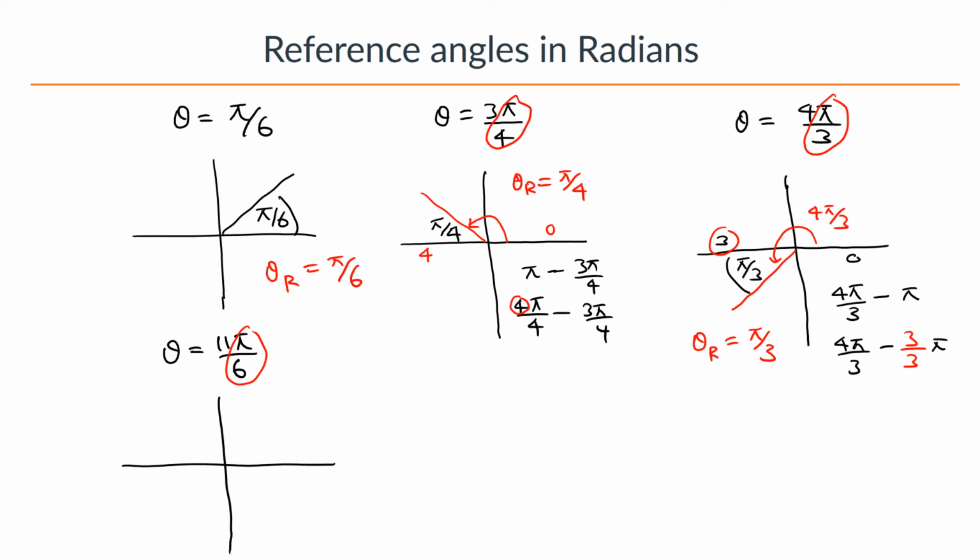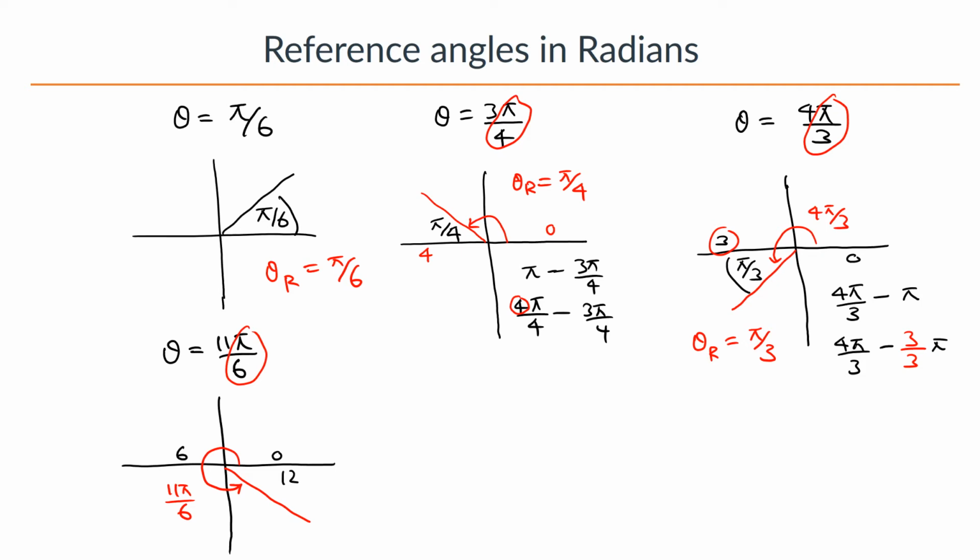The denominator gives us 0, 6, and then 12. Since this is 11, it has to be in the fourth quadrant. So the angle is in the fourth quadrant. That's the benefit of just considering the multiples of the denominator. So 0, 6, 12. Since this is 11, it has to be there.